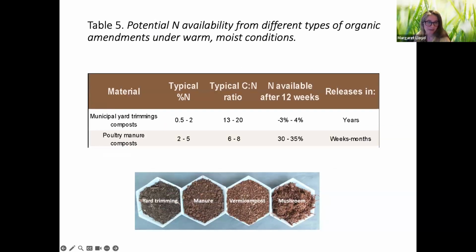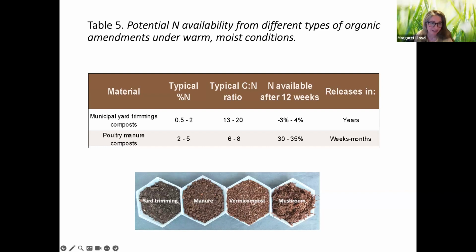And when you look at maybe information that you're given from a facility about these products, we can look at it here. So the typical nitrogen in a yard trimmings compost ranged from 0.5% to 2%. And the C to N ratio ranged from 13 to 1 to 20 to 1. And when we look at this type of material, once it's incorporated, over 12 weeks, we saw almost no release.